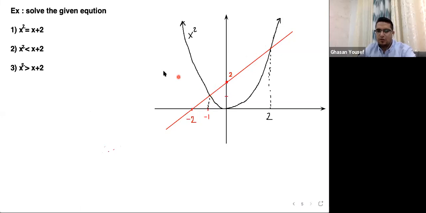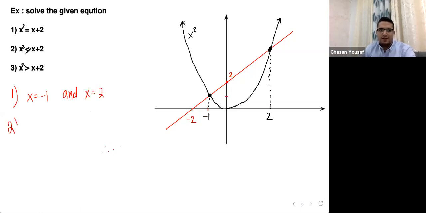You're looking for the intersection at this point and this point. The x value at this point is -1, and the x value at this point is 2. So the solution for number 1 is x equals -1 and x equals 2.